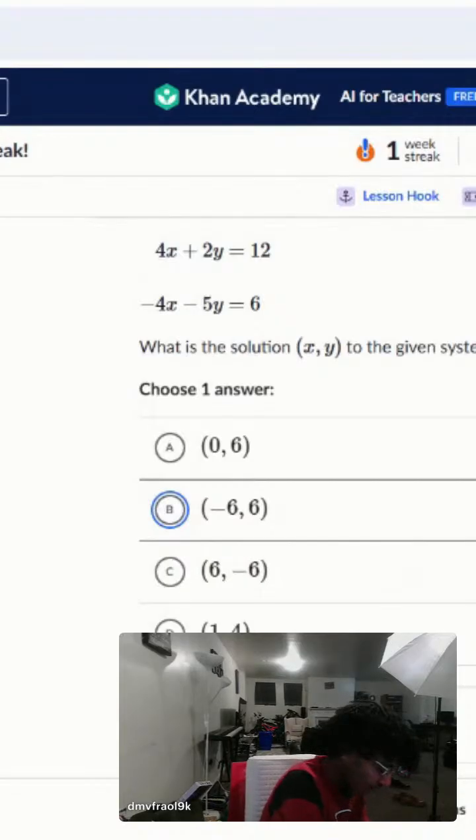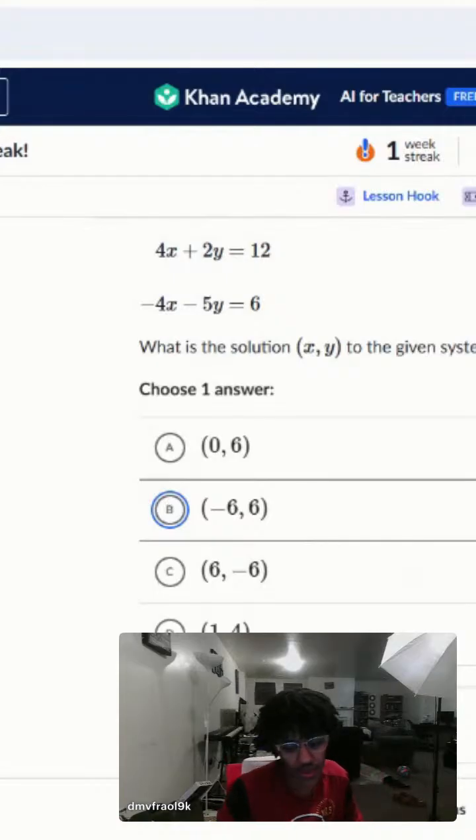And then we have 4. Negative 4x minus 5y minus y. And then, so yeah.